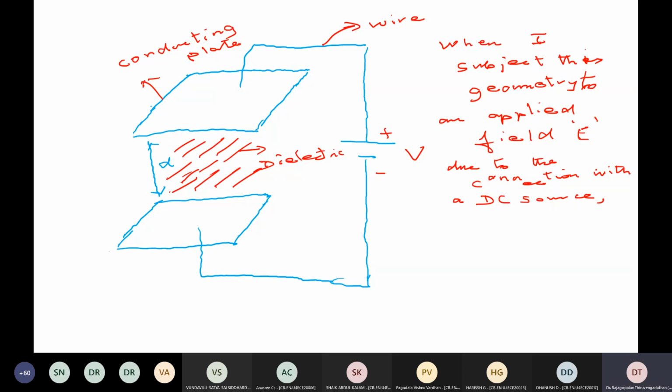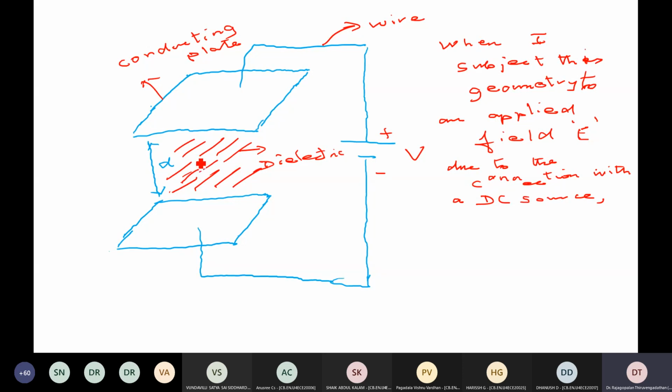So how does that happen? Consider this dielectric to consist of several atoms, and each of these atoms has a positively charged nucleus with an electron cloud revolving around it.